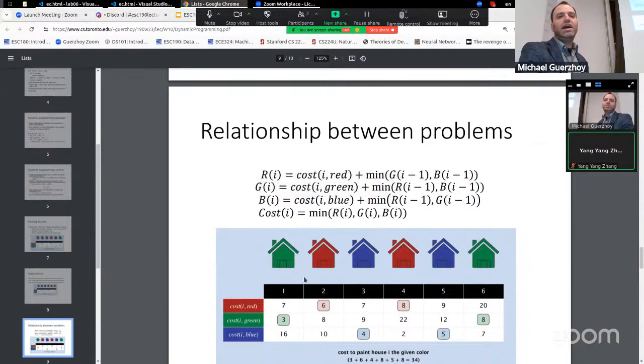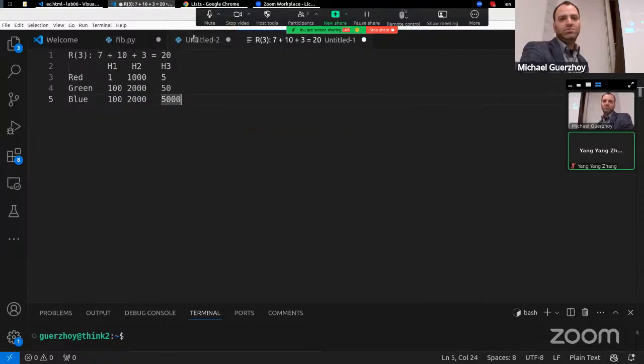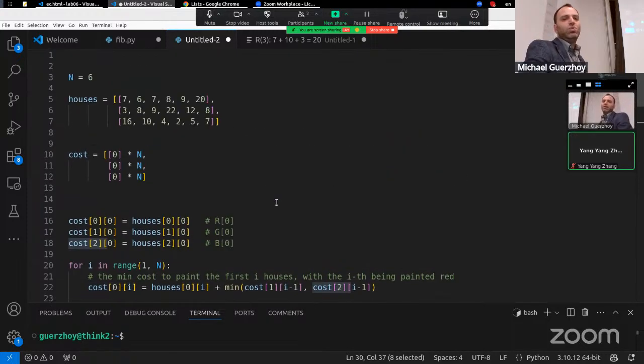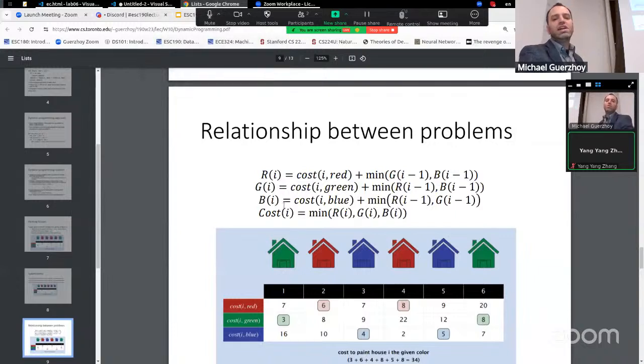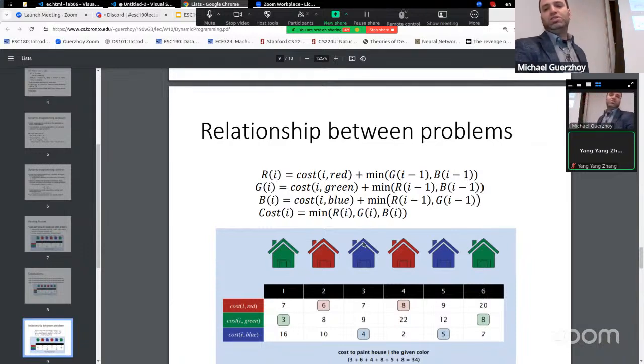So that's like that. So what we've done last time on this, this is where we got last time. We were basically implementing the scheme, right? So the idea is you compute R1, G1, B1, and then you do R2, G2, B2, and so on, up until you have R6, G6, B6, assuming you start with 1.